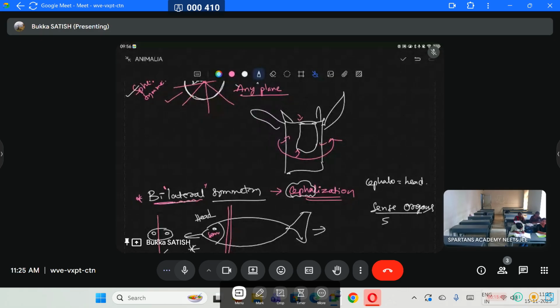Only thing is, this end is what we call the oral end because there is mouth here. The other side is what we call the aboral end.